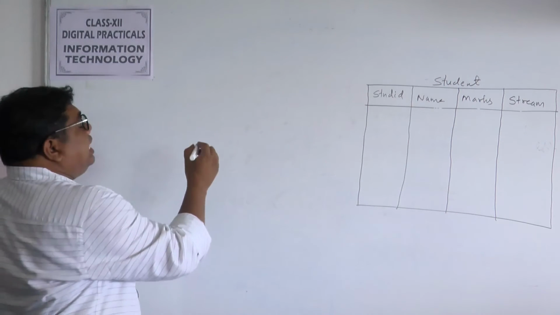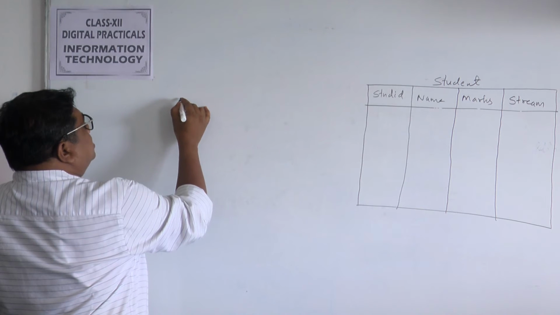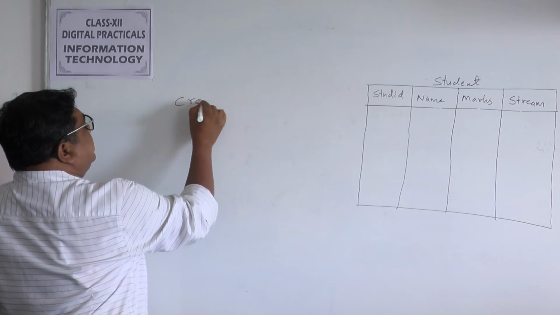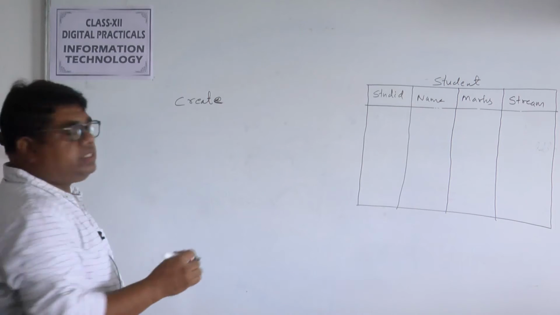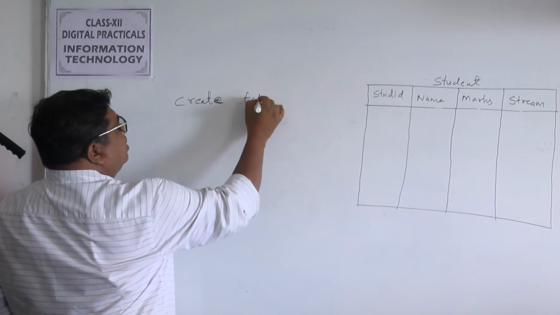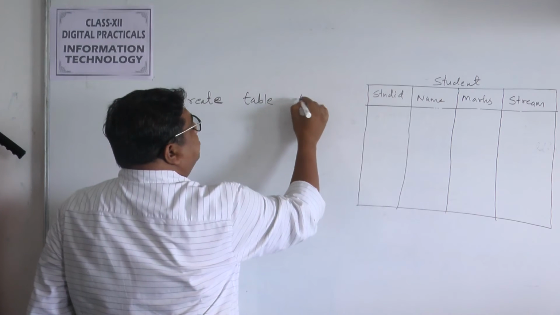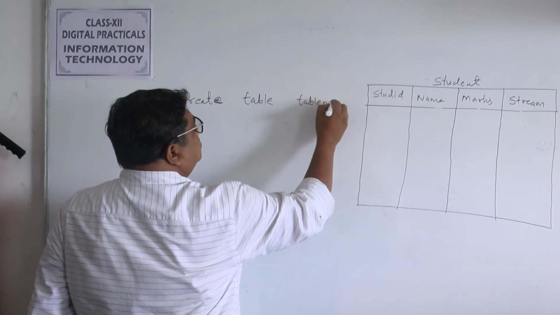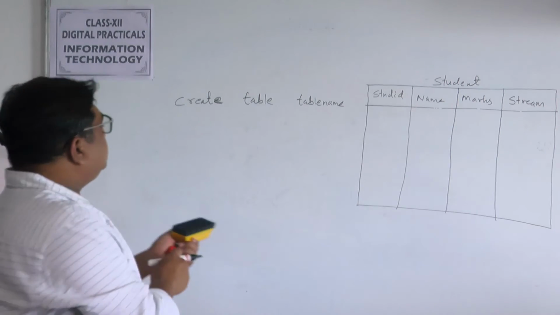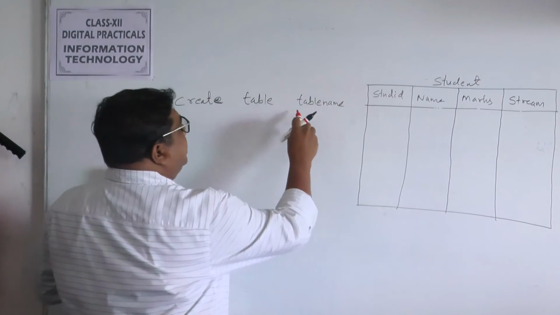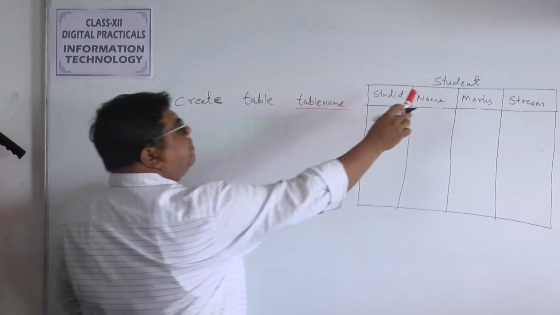To create a table, we use a command that is create, it's a keyword, then table, it's a keyword, then we provide a table name. This table name has to be specified by the user.